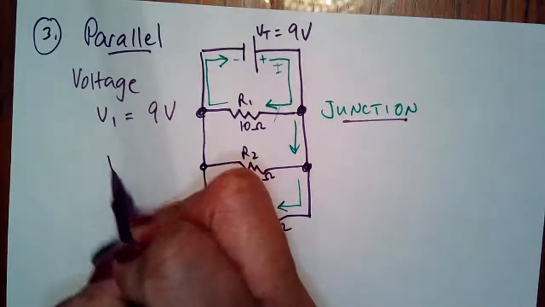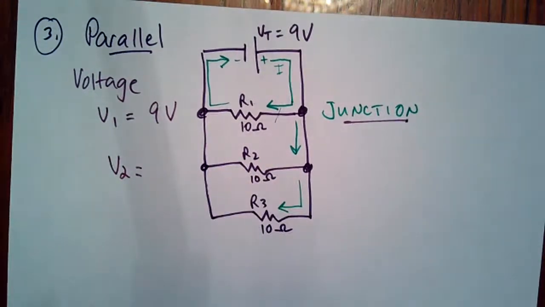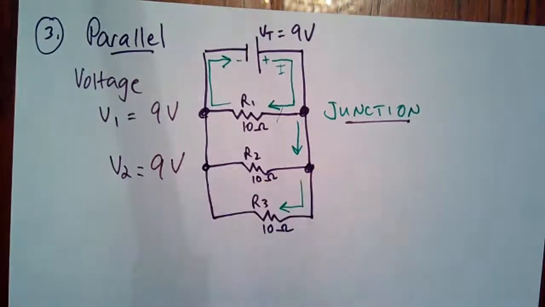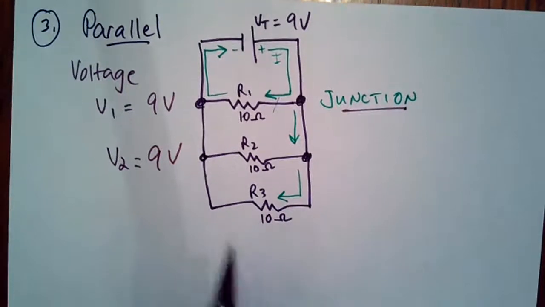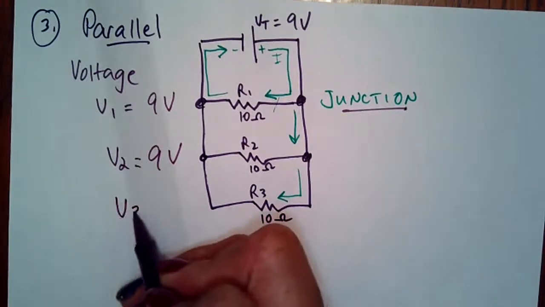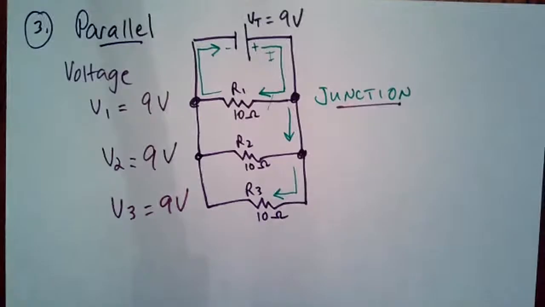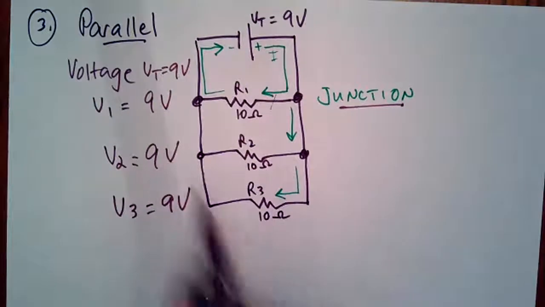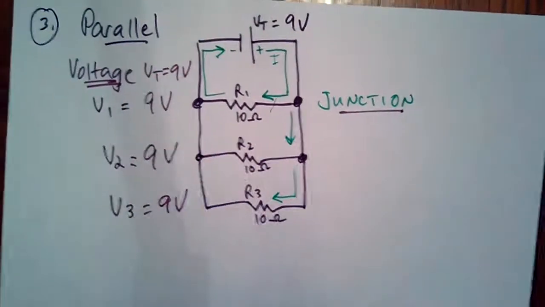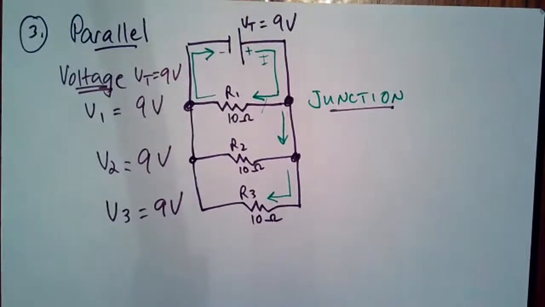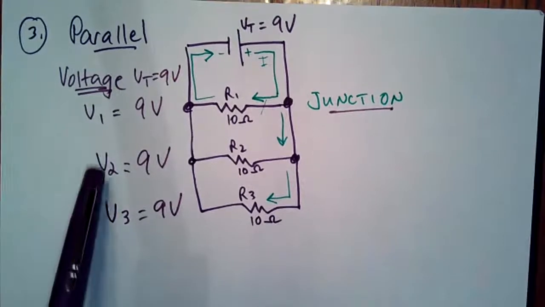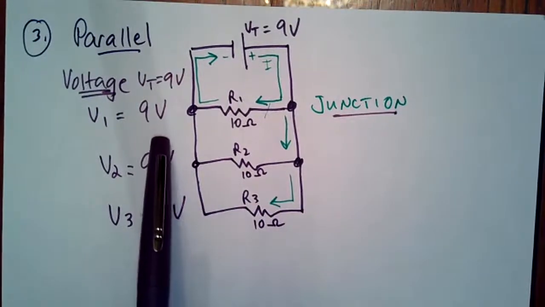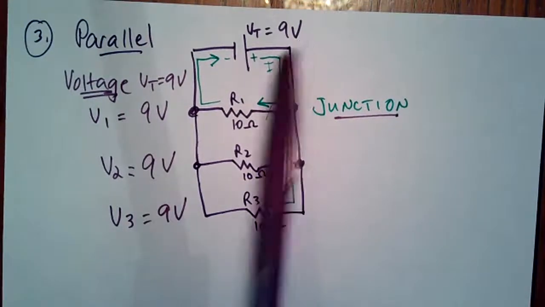V2 also takes a path that is unaffected by R1 and R3, so it is also 9 volts, and that is the same for R3. V3 is also 9 volts. Now that we've analyzed that what is the same in a parallel circuit is the voltage, we can conclude that the voltage across each resistor is going to be the exact same amount as the EMF.